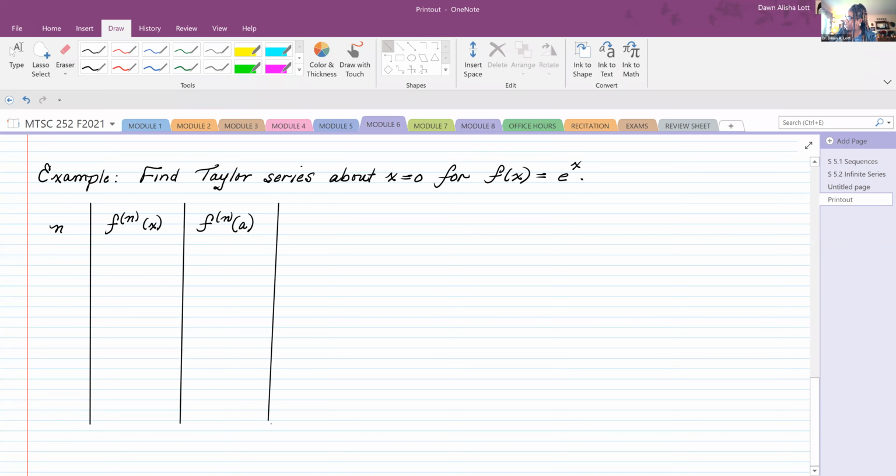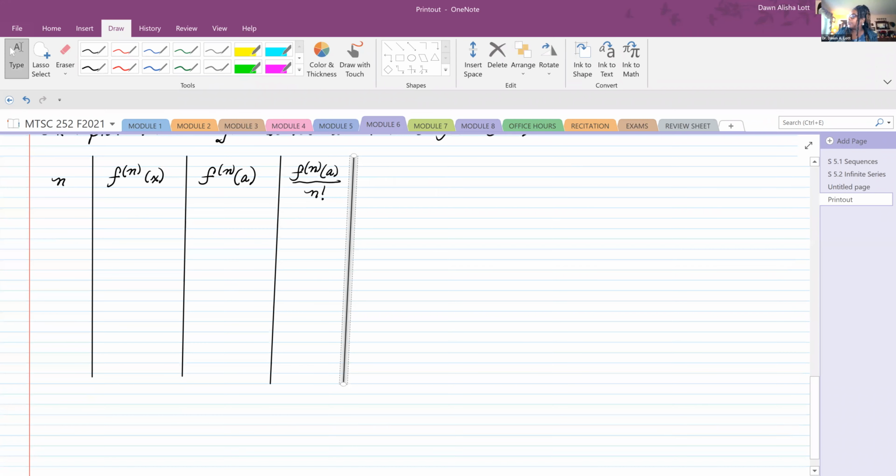Then the last column will be the nth derivative at a divided by n factorial. Okay. All right, so the goal is to try to find a pattern.